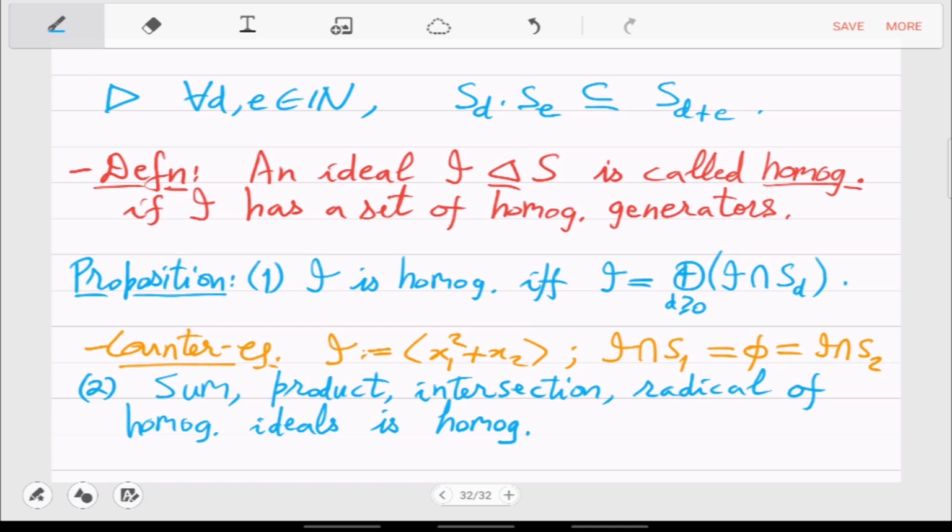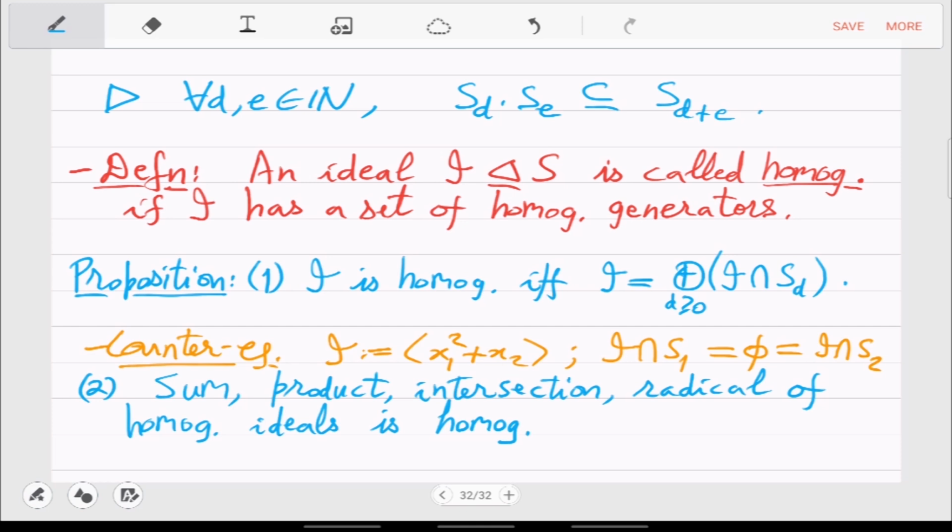Yeah, that's a good question. I did not write I intersection S3. I mistakenly said it's empty. You have to check that it's empty. That also will be empty, I intersection S3, S4. But even if somehow it was non-empty, it doesn't matter, because the generator of ideal I is quadratic, degree 2.